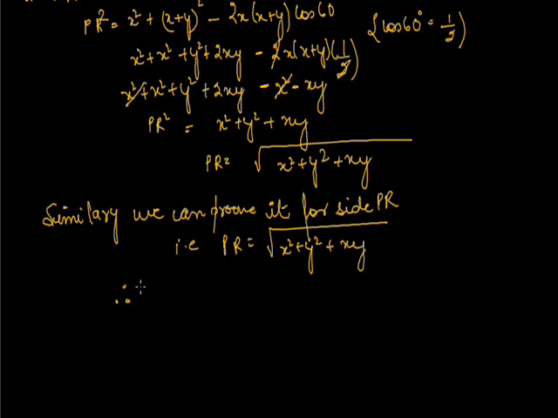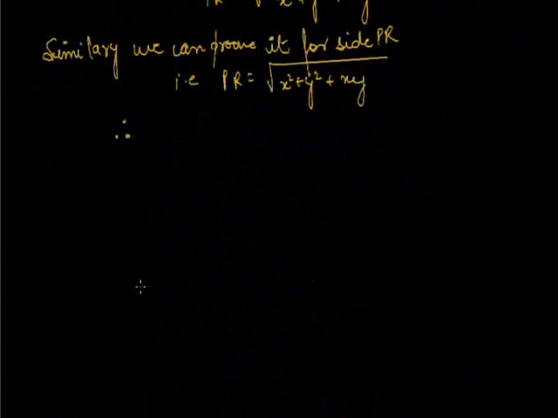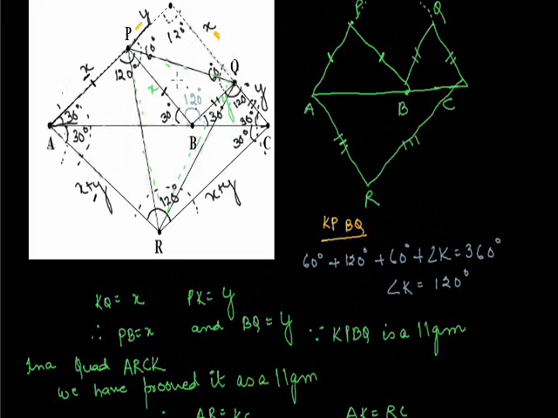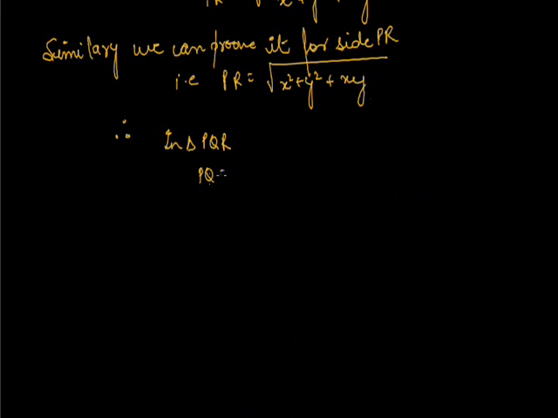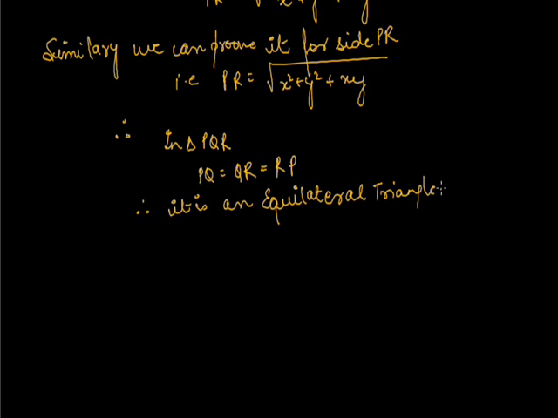Therefore, in triangle PQR, side PQ is equal to side QR is equal to side RP. Therefore, it is an equilateral triangle, which we had to prove in the question.